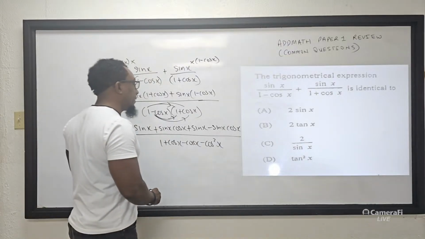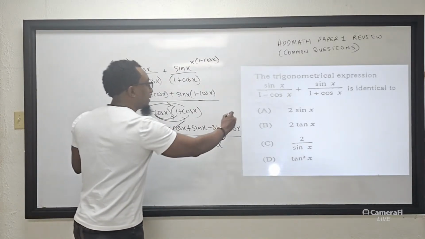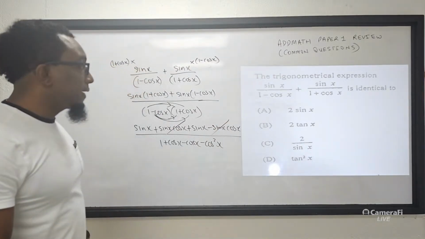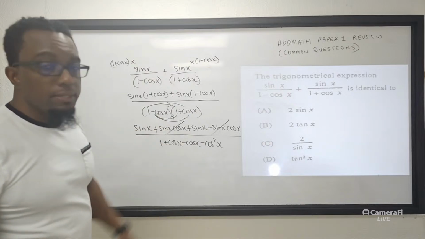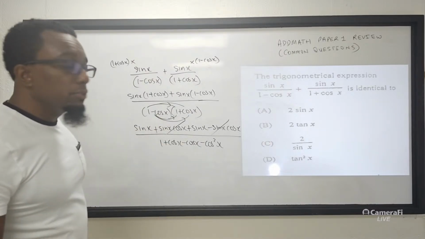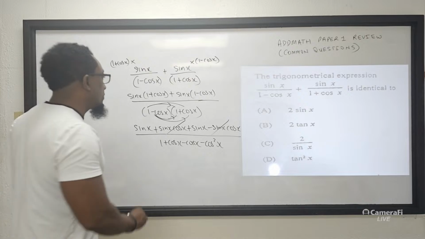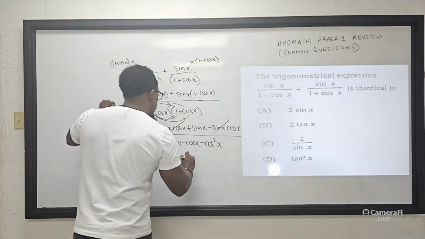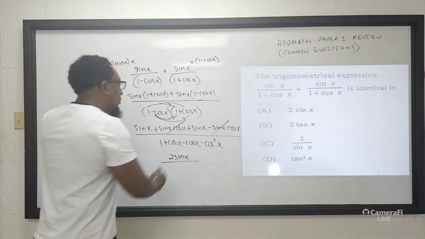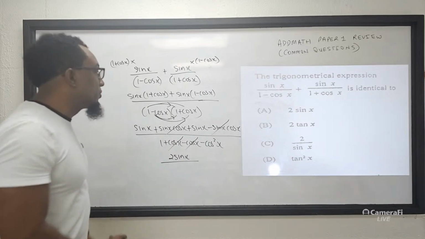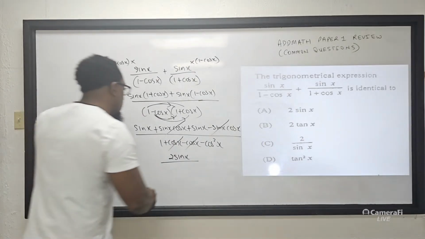What's going to happen here? In my numerator, my sin x cos x cancels with my negative sin x cos x. Those two cancel out. So I have sin x plus sin x, which is 2 sin x, over, cos x minus cos x is 0, so I'm left with 1 minus cos squared x.